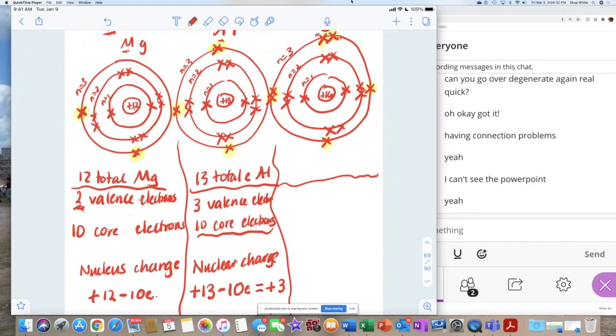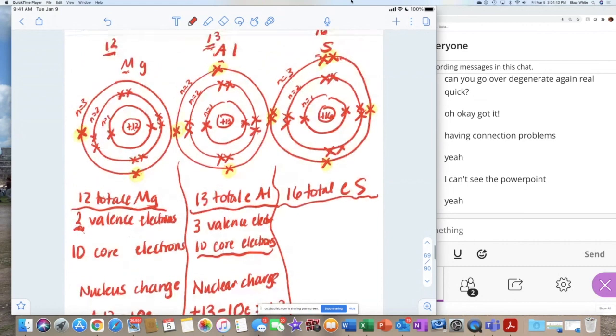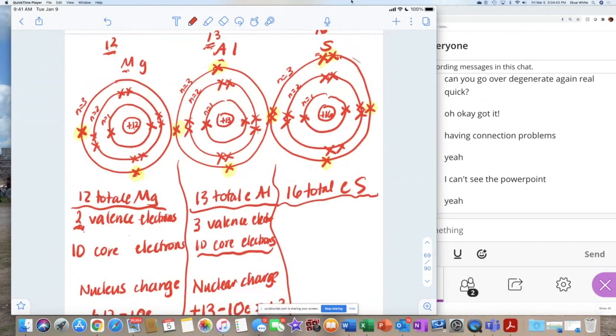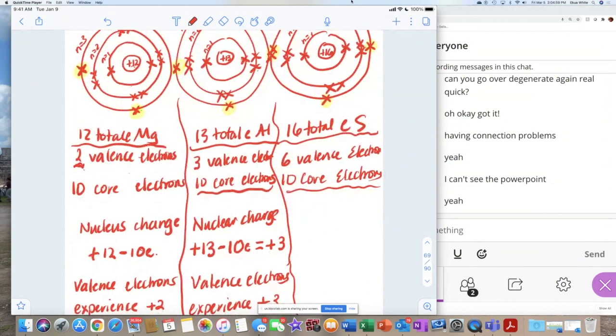And then finally, we have sulfur. Sulfur has 16 total electrons, right here for sulfur, right? Of the 16, we said 6 of them are valence electrons. So we got 6 valence electrons. As I'm writing this over and over again, hopefully you're understanding the trend, right? Of those 16, 10 are core electrons. So nuclear charge. How do we get the nuclear charge?